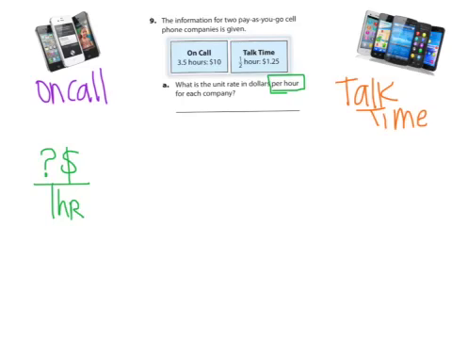For on call, I'm going to look back up at the problem and see what information it gives me. It says 3.5 hours costs $10. Now I'm going to put that information next to the ratio or fraction that I already have.